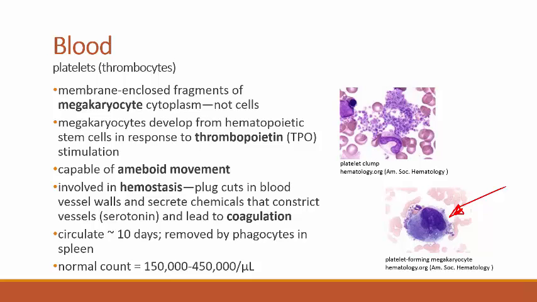These platelets will fragment off of the megakaryocyte, and so these may be some platelets that are forming here. Here we have a blood sample where you can see a clump of platelets that have all clumped together, and here's a white blood cell in the middle of that clump.